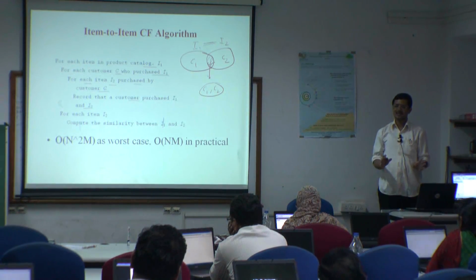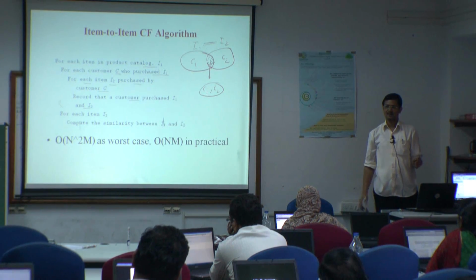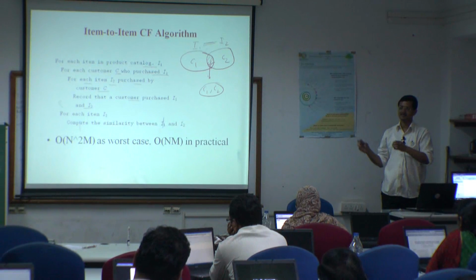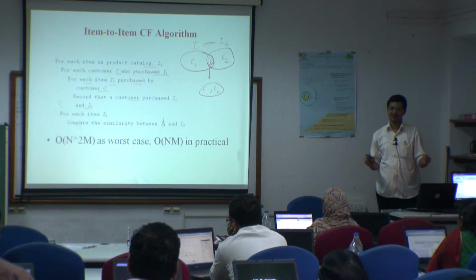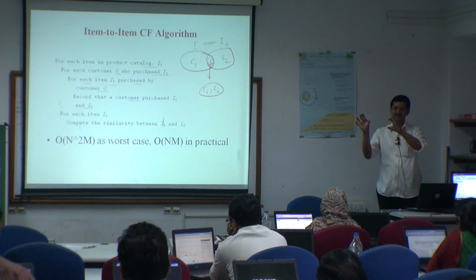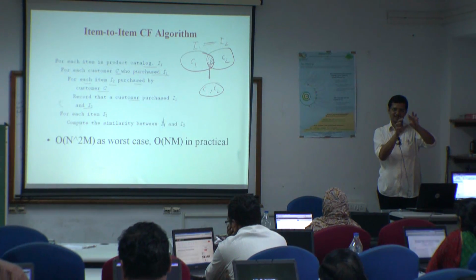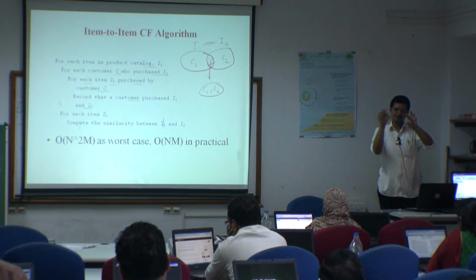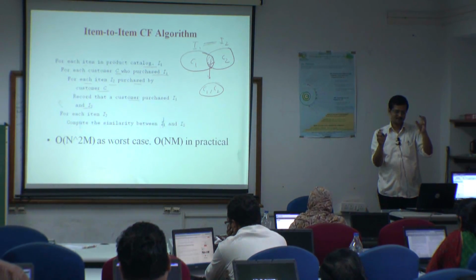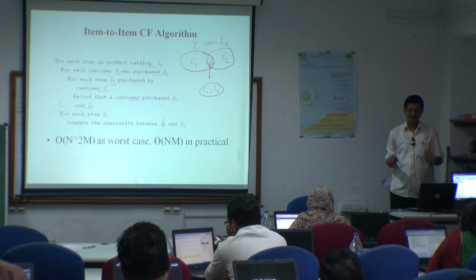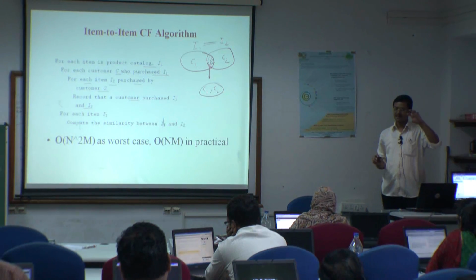So this is the basic and most simple technique to identify the similarity between items. Association rule mining is one technique, but this is another technique based on the purchase history. One person purchased item I1 and purchased item I2 also.